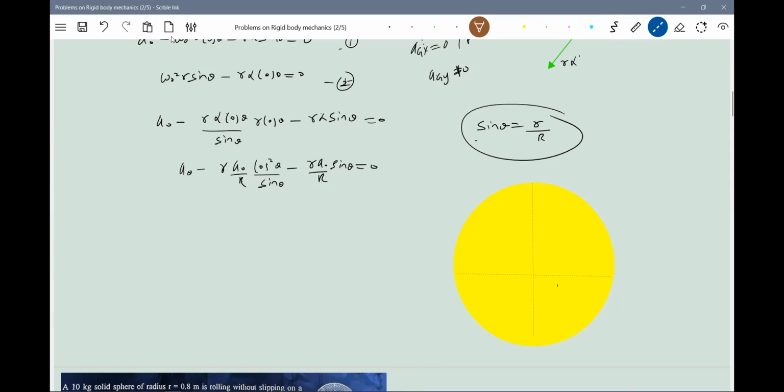Let me summarize everything so it'll be easy for you. At various points, here a naught, r alpha, omega square r. Here a naught, r alpha. I think this diagram is the best one you can remember.